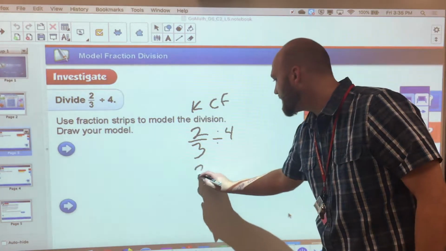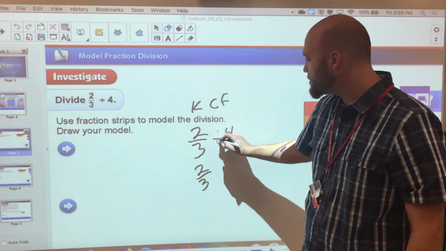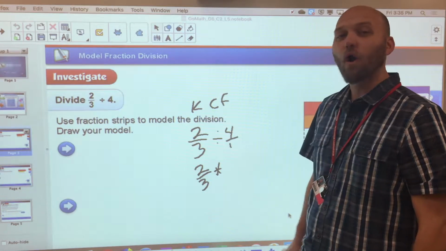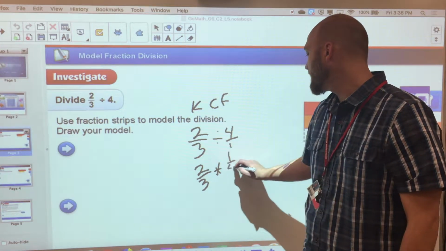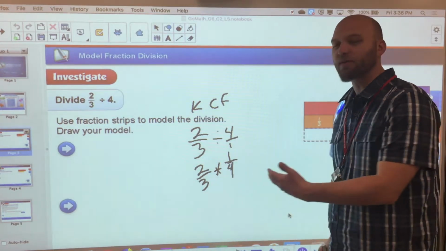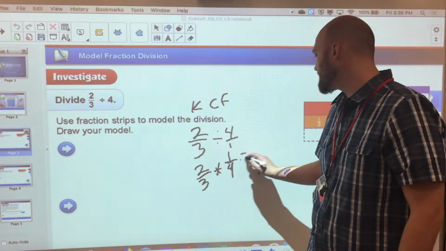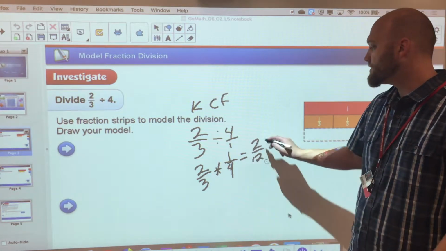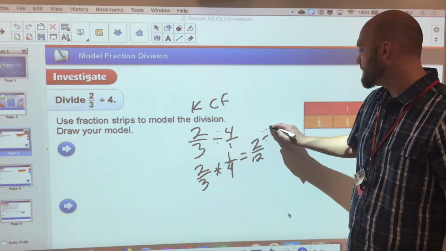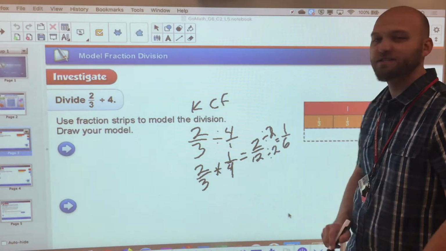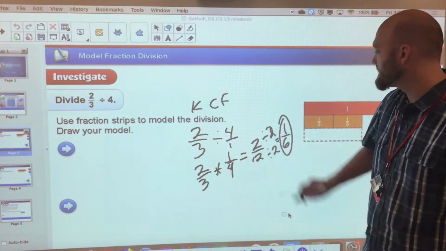I'm going to keep 2/3, change division to multiplication, and then flip 4 whole to 1/4. Then I multiply straight across, and I end up with 2/12, which we know simplifies, divided by the greatest common factor of 2, to 1/6. So here's my answer, 1/6.